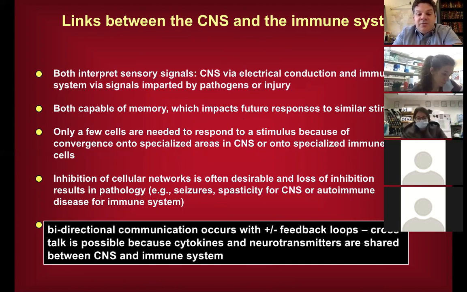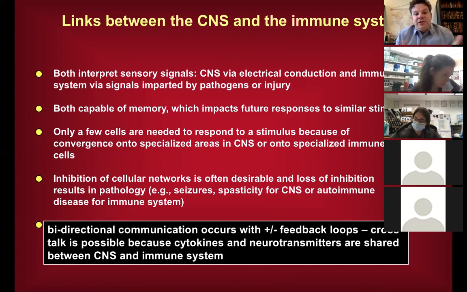Crosstalk is possible because cytokines and neurotransmitters are shared, a point that I brought up very early in the lecture, that the cells at a cell level can communicate. So that allows them to set up positive and negative feedback loops.